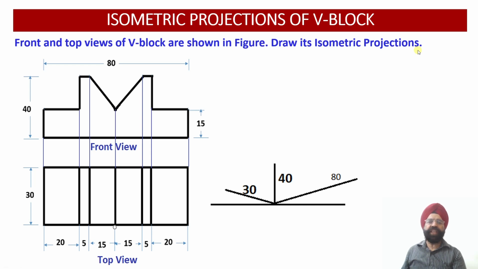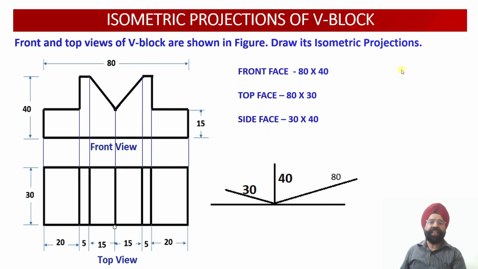Now you see, in this particular case, once the orthographic projections are given, we need to work out the sizes of the front face, the top face and the side face of the isometric projection. Why?